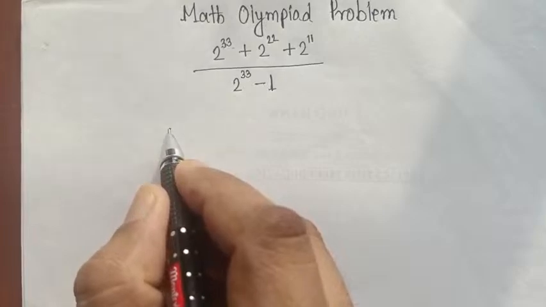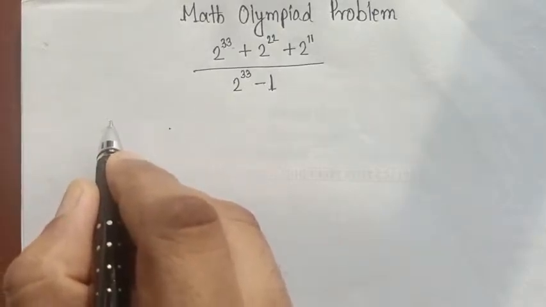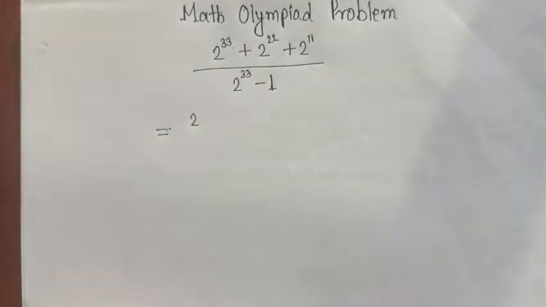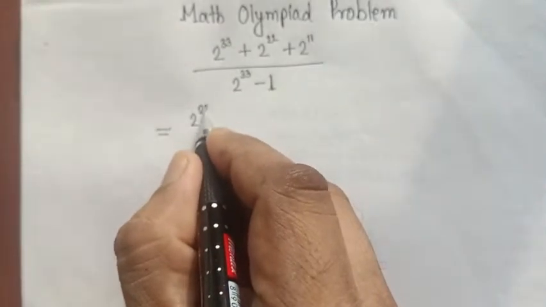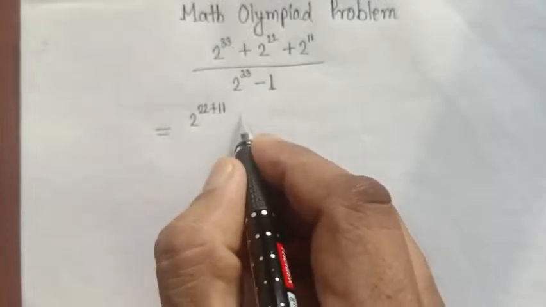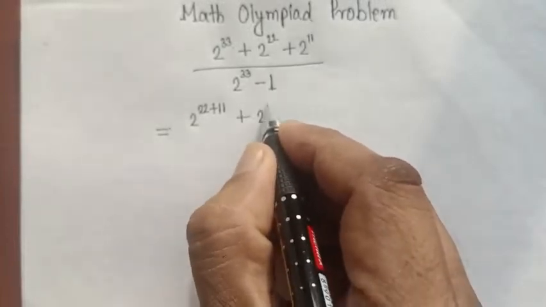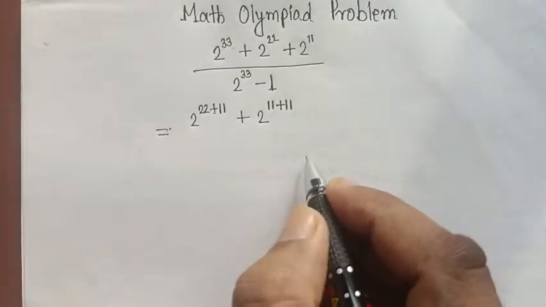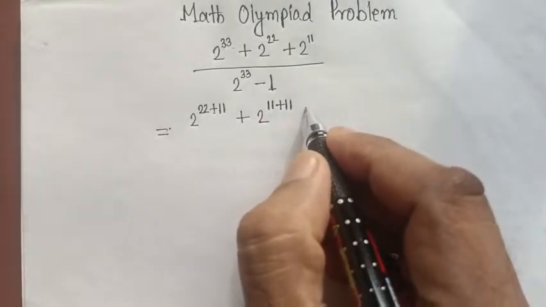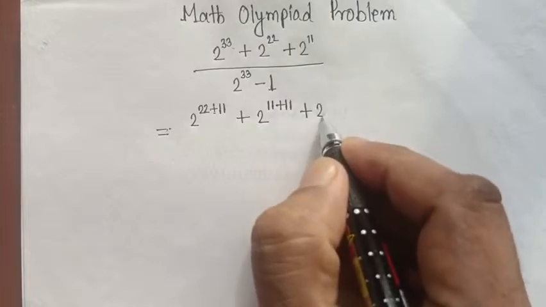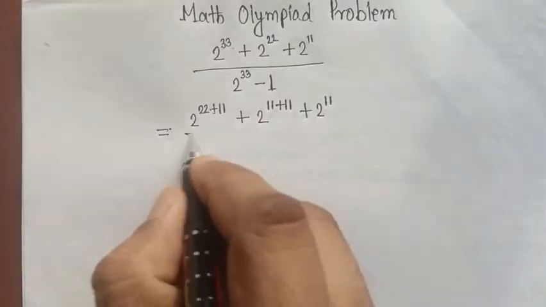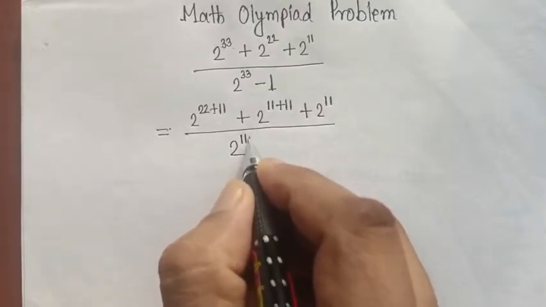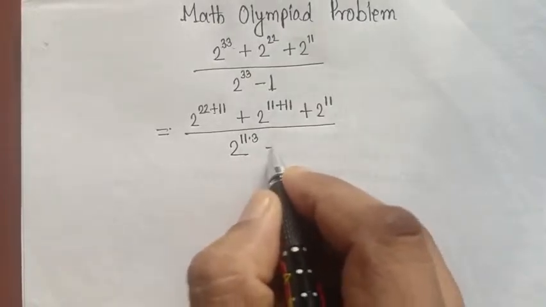Okay, so we can write 2 to the power 33, that means 2 to the power 22 plus 11, and 2 to the power 22 is equal to 2 to the power 11 plus 11, and 2 to the power 11, and here 2 to the power 11 into 3 minus 1.